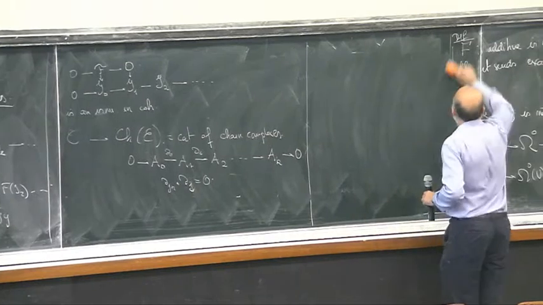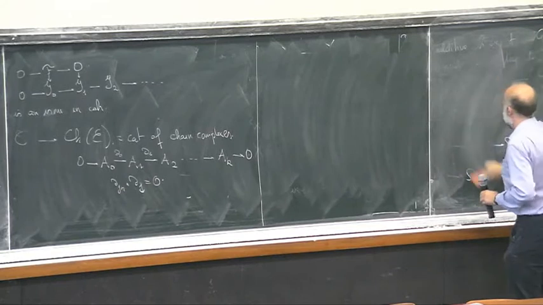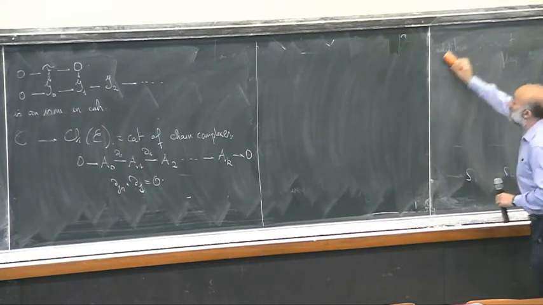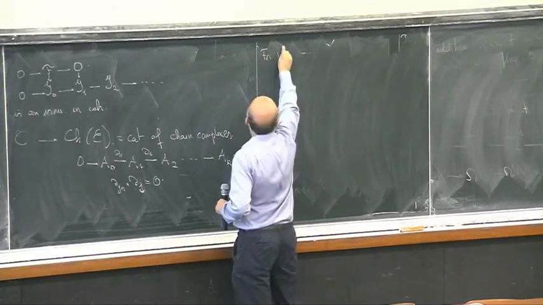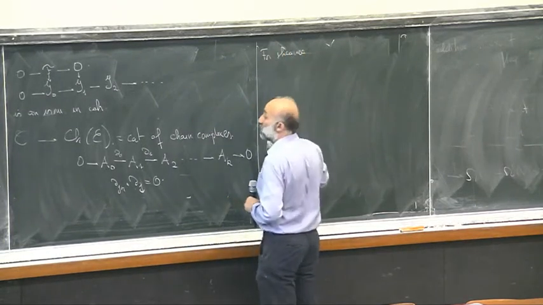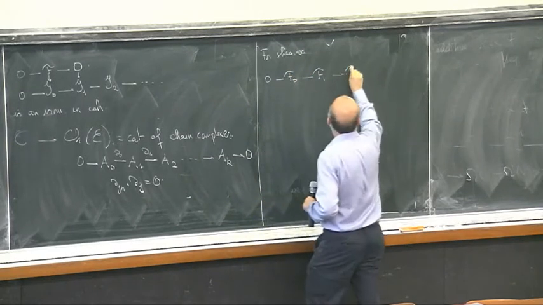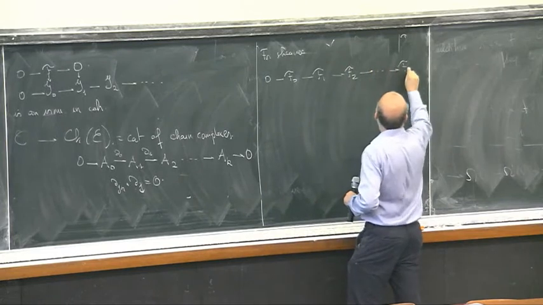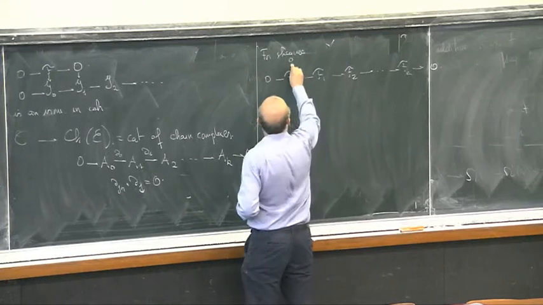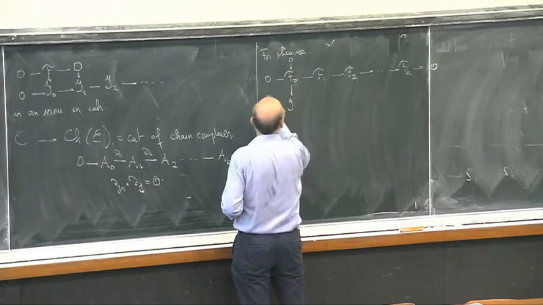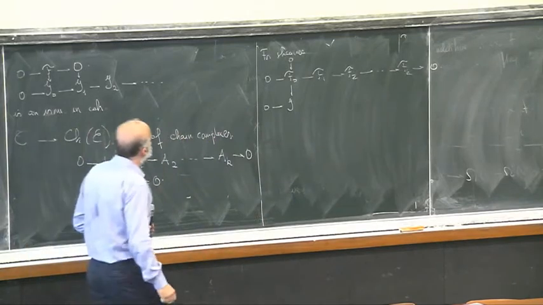And then it happens that the chain complex also has a resolution, so let's go back to sheaves. So I'm going to have a sequence 0, F0, F1, F2, and so on, Fk to 0. And then what I can do is make a square grid here.